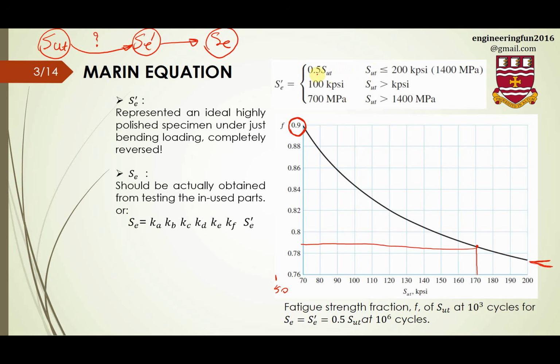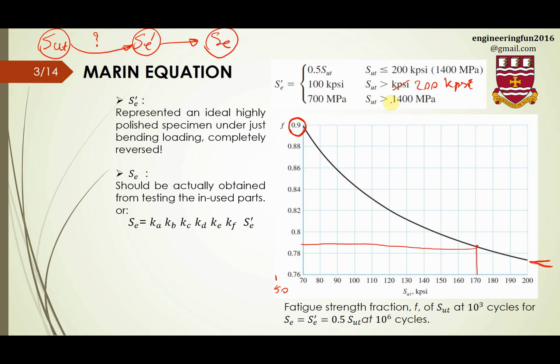In 90% of cases, we are in the first line, and 200 kpsi is almost 1400 megapascal. If SUT is more than 200 kpsi, we are in the second line, so we can just say SE prime is 100 kpsi.